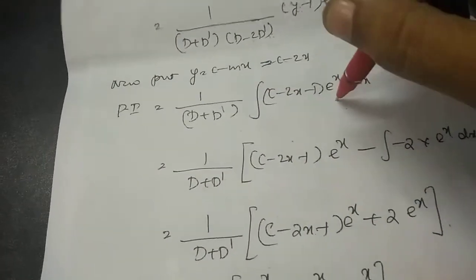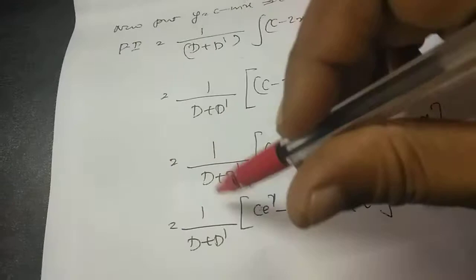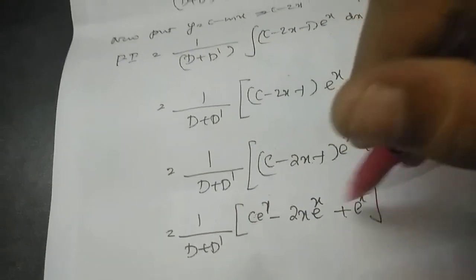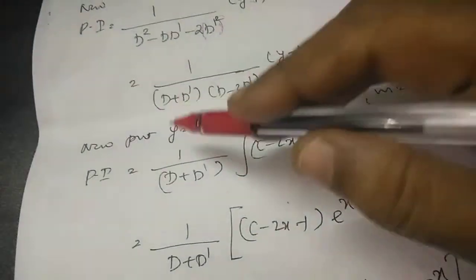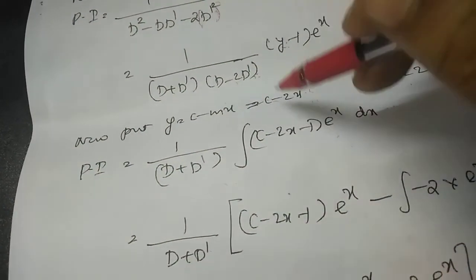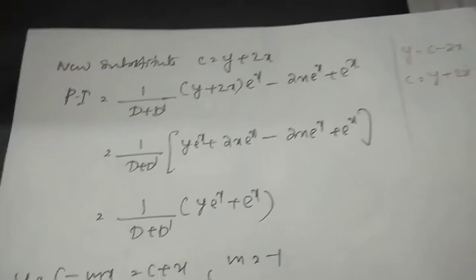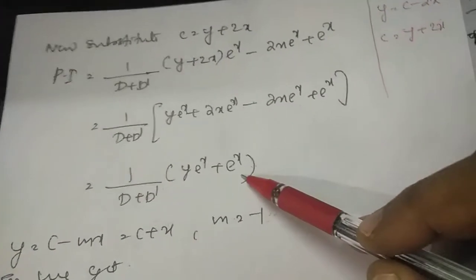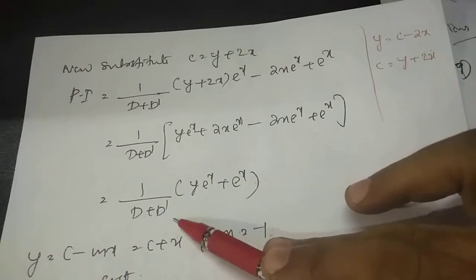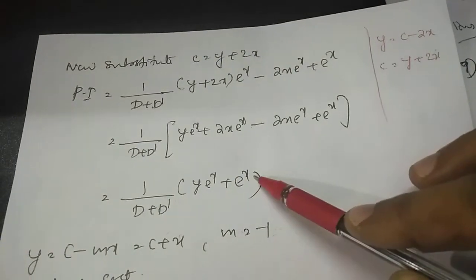Integrating this quantity you will get 1 by (D plus D') into c e raised to x minus 2x e raised to x plus e raised to x. And what is c? c is equal to y plus 2x. Substituting here and simplifying you will get 1 by (D plus D') into y e raised to x plus e raised to x.